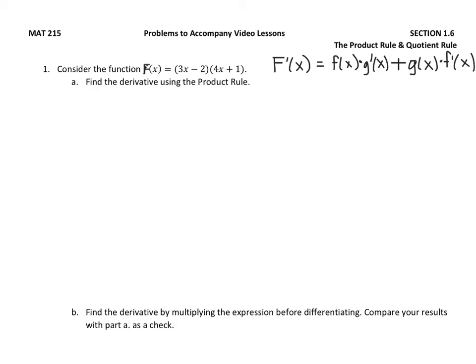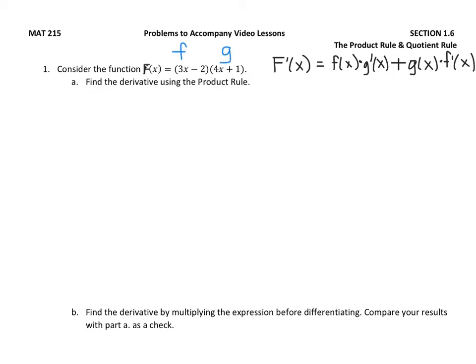And I encourage you to write this down until you have it memorized, and even still, if you write it down, it might help you avoid making any silly errors. And then also, it might be a good idea to label these product functions. For example, label this first one f and the second one g.